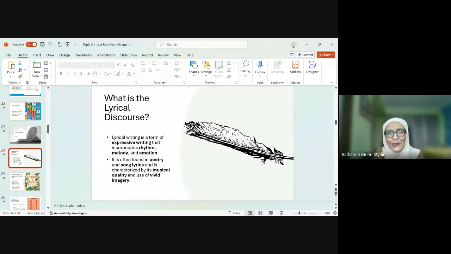So very quickly though, lyrical writing expresses ideas in a rhythmic, melodic fashion. It captures emotions in a more poetic fashion, sometimes musical, with clear, vivid imagery, use of imagery.